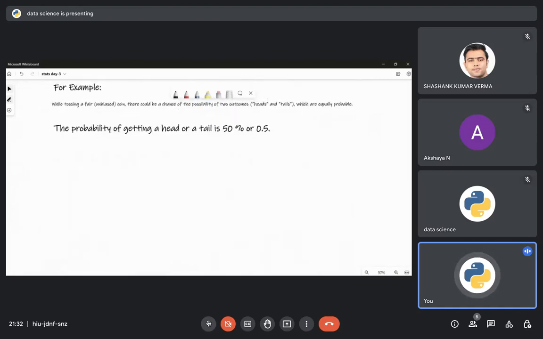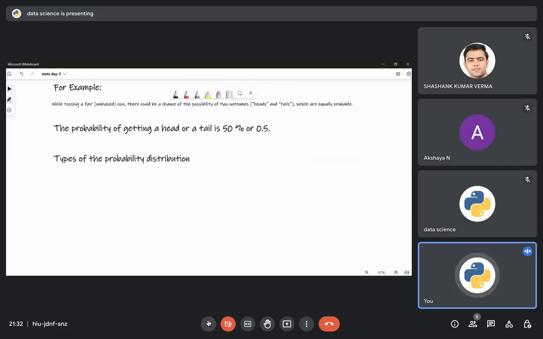Now, types of probability distribution functions. There are many different types of probability distribution functions, and we will cover some of them.